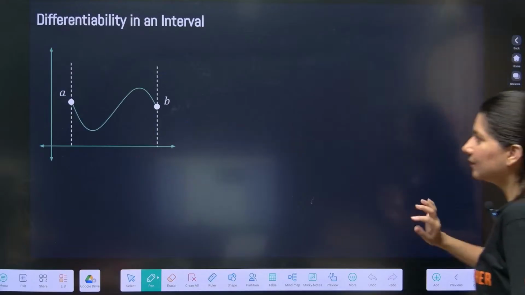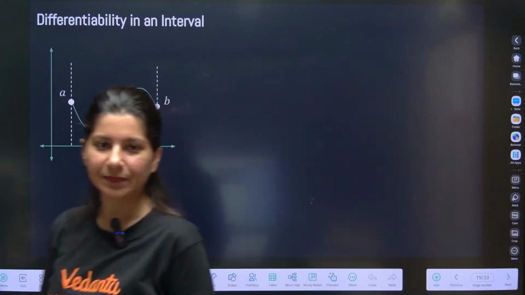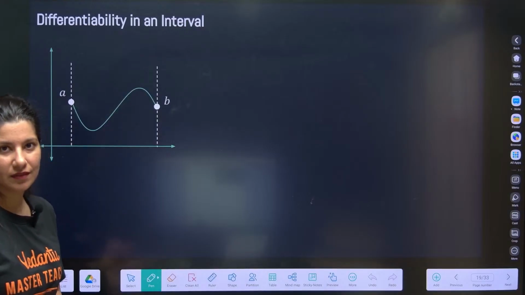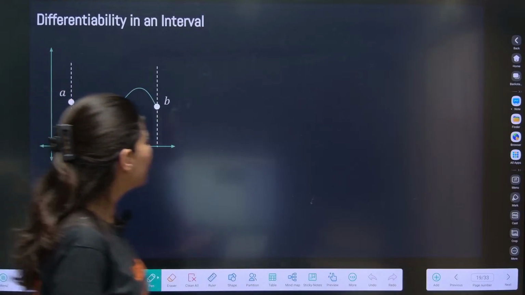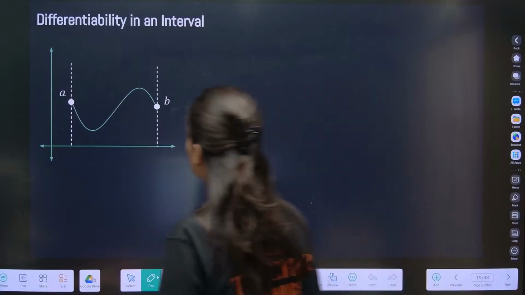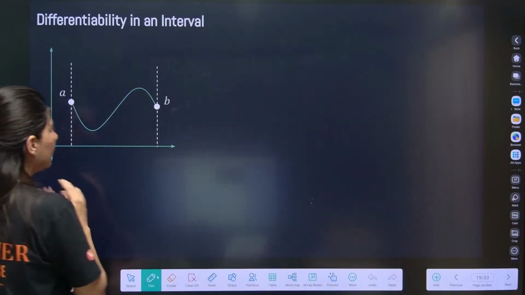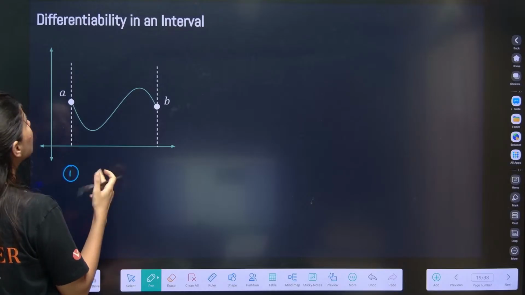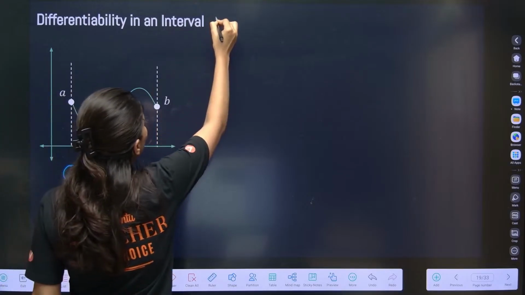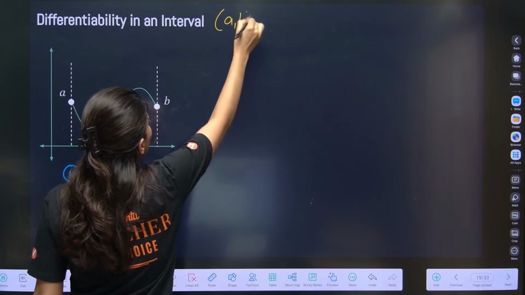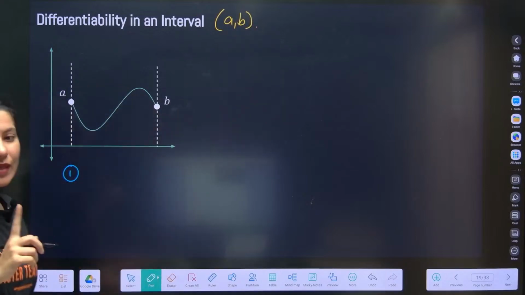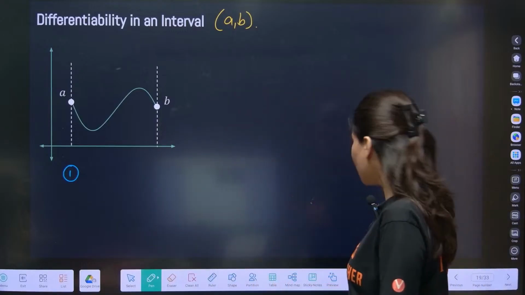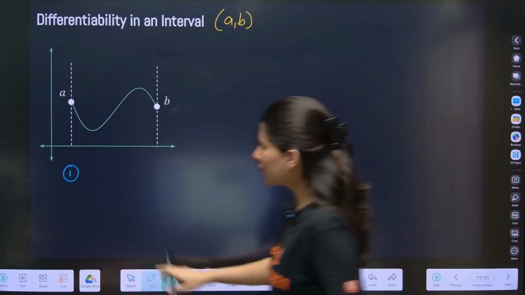Now understand a little concept. Differentiability in an interval. Differentiability in an interval says two things. So suppose in an interval a comma b, open interval a comma b, I think it is very obvious that at every point the function should be differentiable.